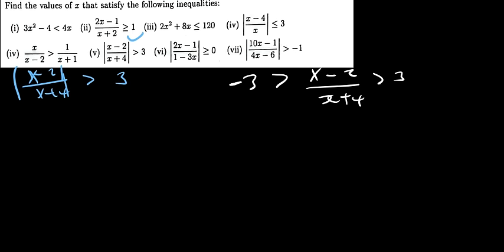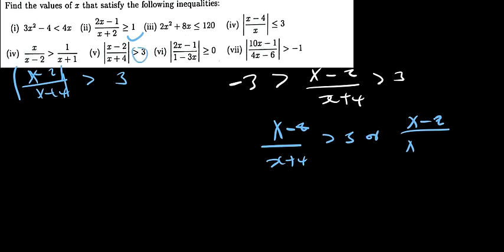It is the same as rewriting this as x minus 2 divided by x plus 4 greater than 3, or the one for the negative has to be less than. So in short, the one for the negative has to be the opposite of the sign which you have. That's why for the negative we had to get less than negative 3.